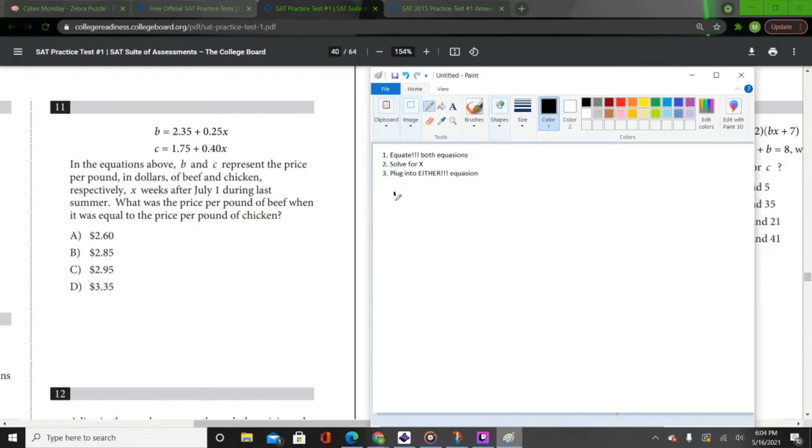So we're looking for when b is equal to c. So we could write b is equal to c, which is equal to that, which is equal to that. But we're not going to write b or c at all.